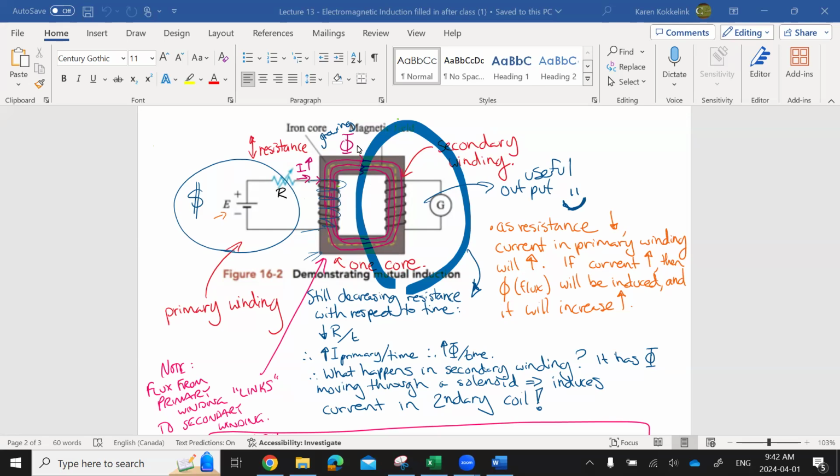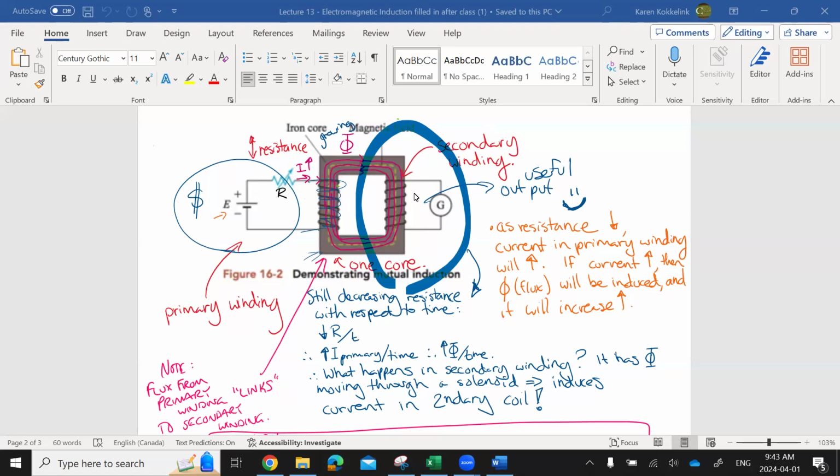So since this magnetic flux is growing and growing because the current is growing, because I'm decreasing resistance, it is going to be inducing an EMF inside the secondary coil. And the current is going to be increasing because the magnetic flux is growing.